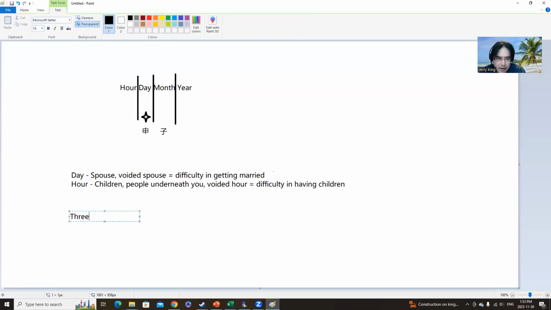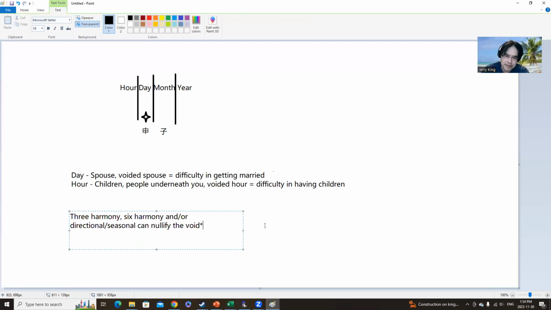So three harmony, six harmony, and or directional or seasonal can nullify the void, right? This is possible, right? I just put an asterisk here.